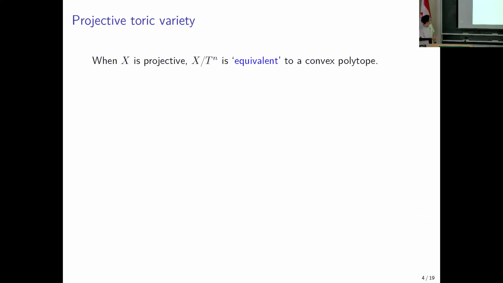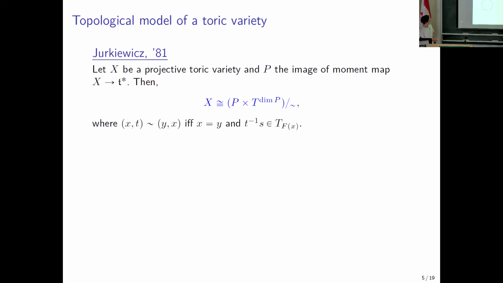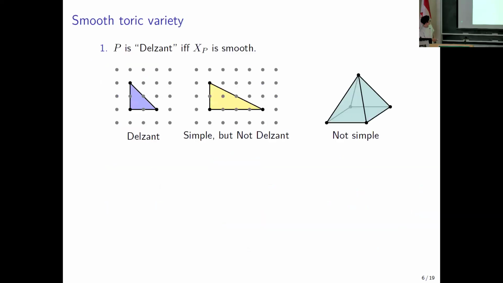Okay, he was asking about this correspondence. If we have a simple polytope which is not Delzant, that's equivalent to saying that the corresponding toric variety is an orbifold. It's equivalent. Okay. All right.